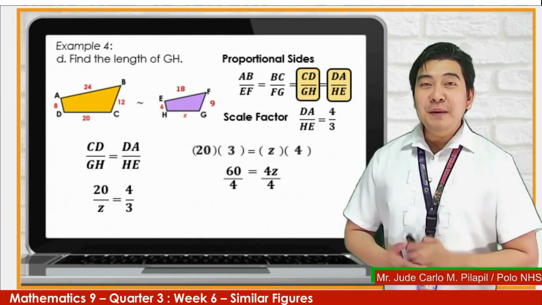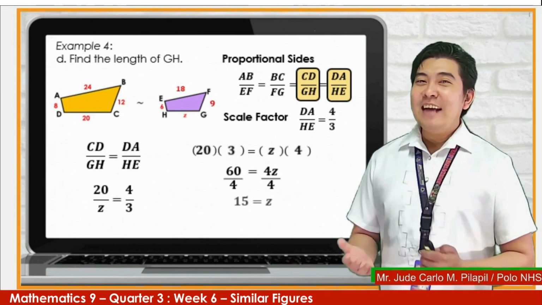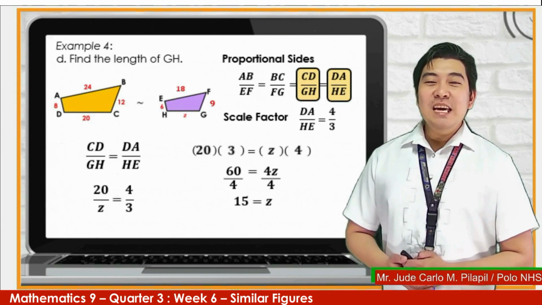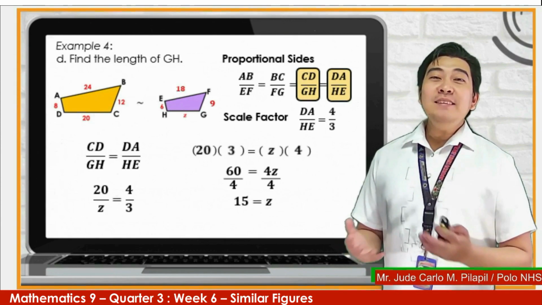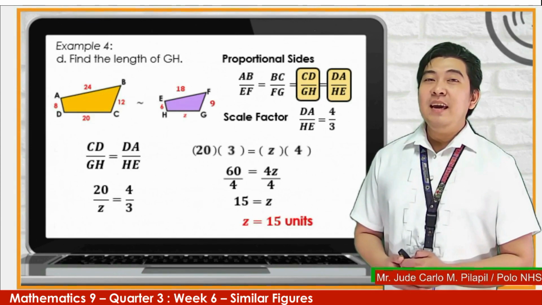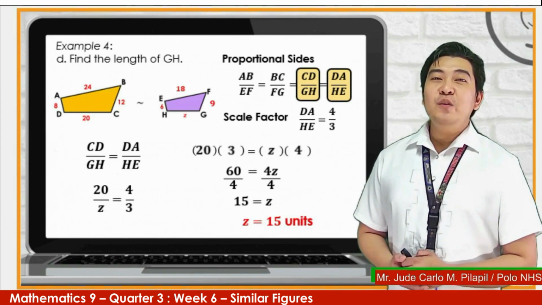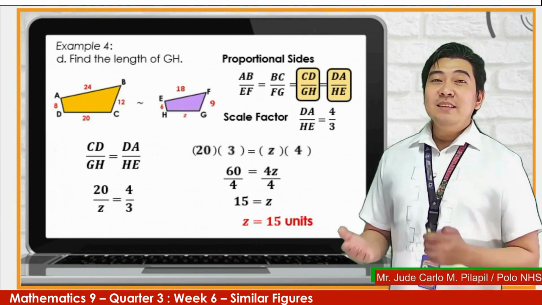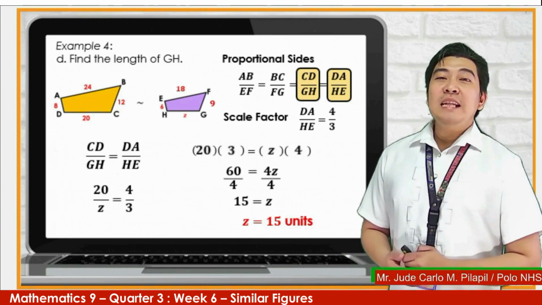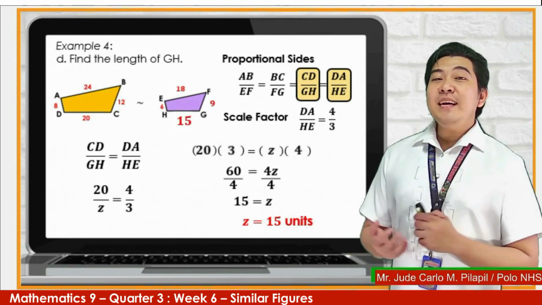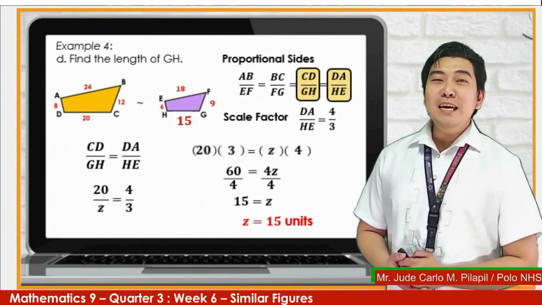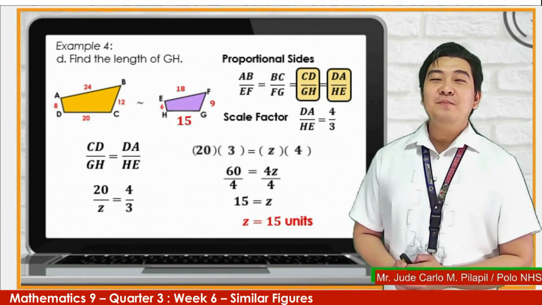The result will be 15 is equal to z. So by symmetric property, we can say that z is equal to 15 units. Since z stands for the length of GH, therefore we can say that GH is equal to 15 units.